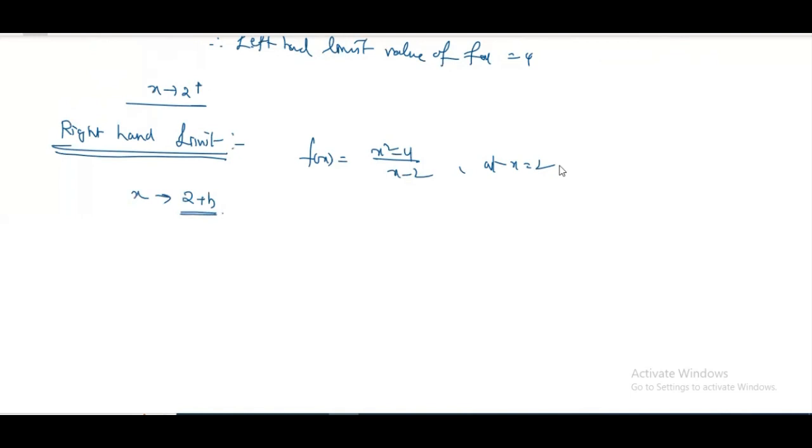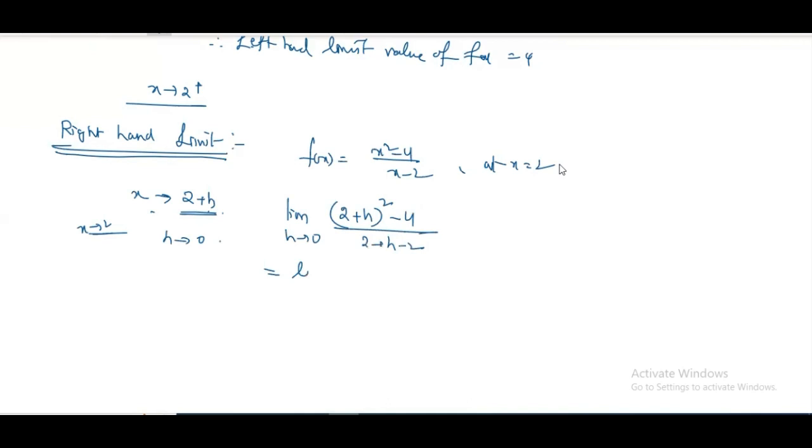The generalization I will discuss after this example. When x approaches 2 plus, h approaches 0. So we can write limit h tends to 0, replace x with 2 plus h: (2 plus h) whole square minus 4 by 2 plus h minus 2.